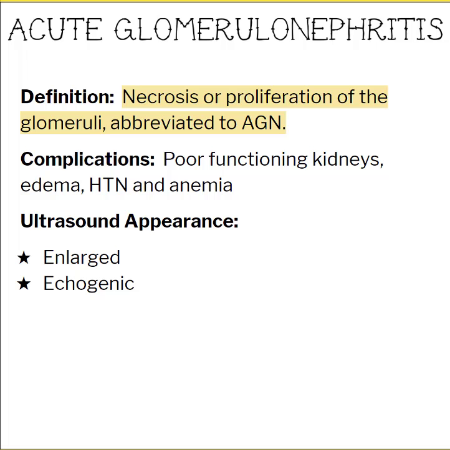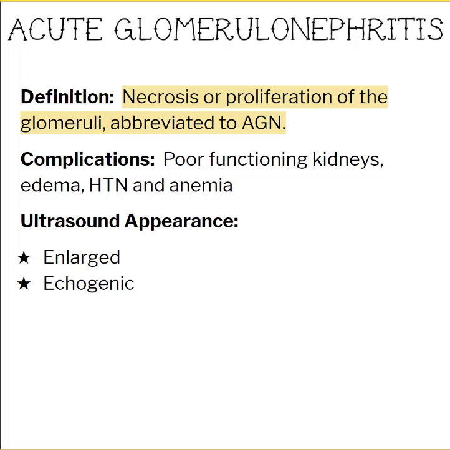So the glomeruli is really that first section that takes the blood cells in through the afferent arteriole and then lets them back out through the efferent arteriole, doing that first round of filtration.